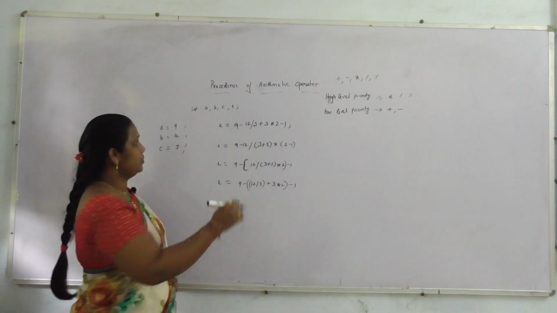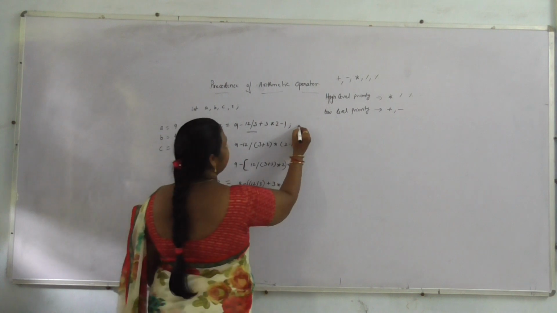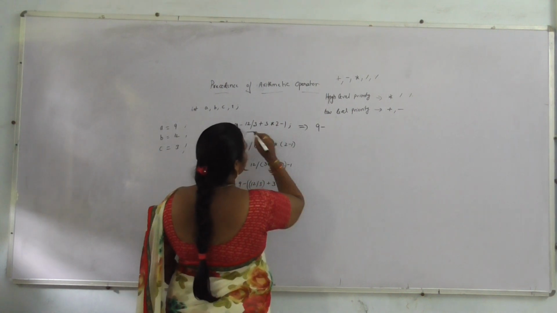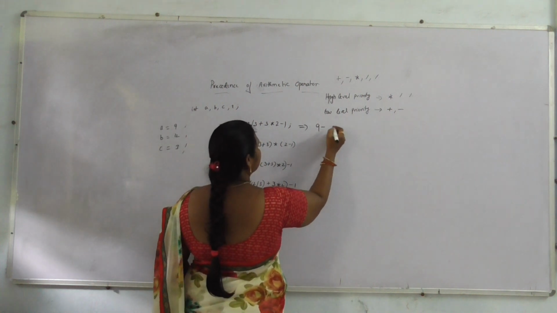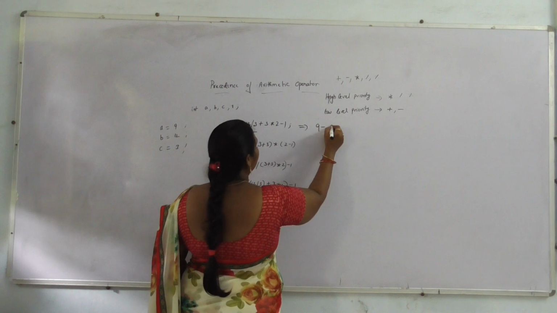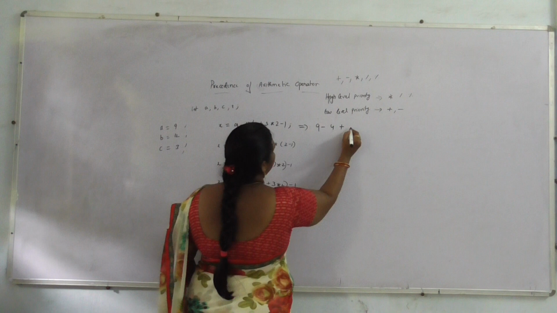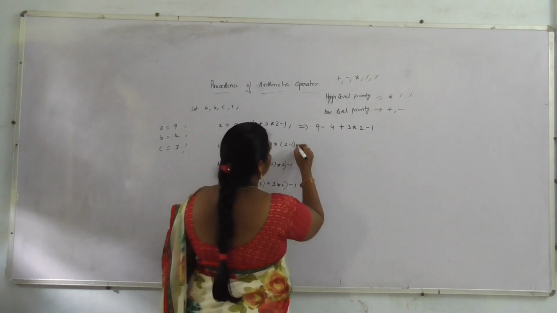So the expression becomes 9 minus 12 by 3 plus 3 asterisk 2 minus 1.